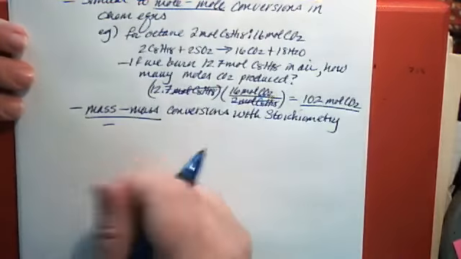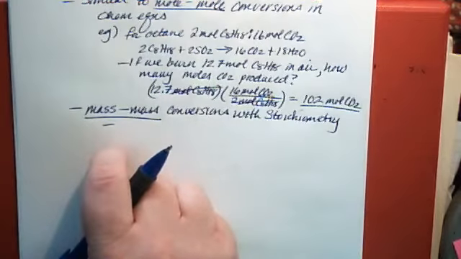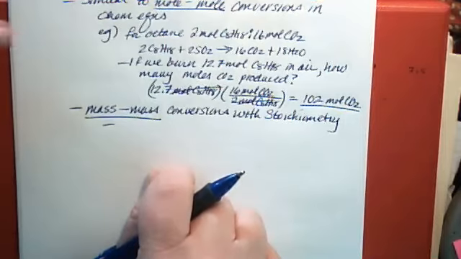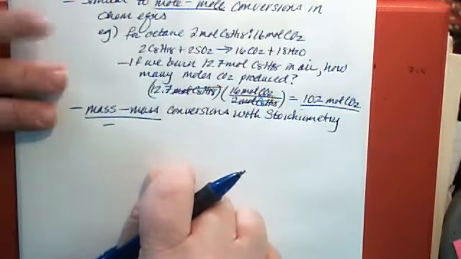And the important thing to remember about mass-to-mass conversions is that equations are not laid out in terms of mass. Equations are written and balanced in terms of numbers of molecules or groups of molecules like moles.